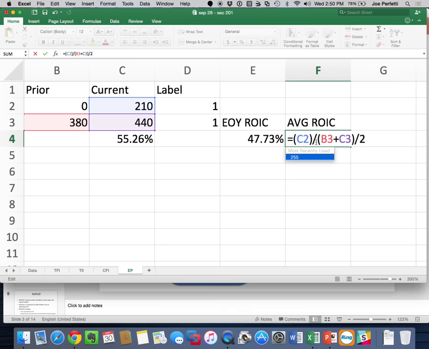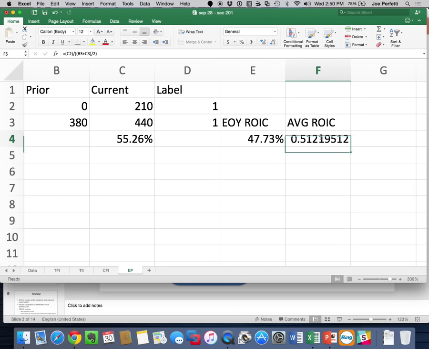And then, for order of operations sake, I want that. So basically 51%. So that's the point. If I use average capital, it's 51. If I use end of year, it's 48. If I use beginning of year, it's 55.